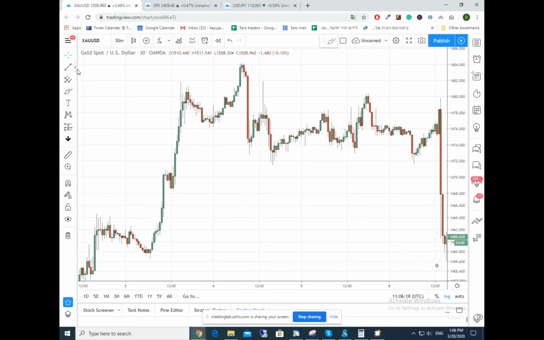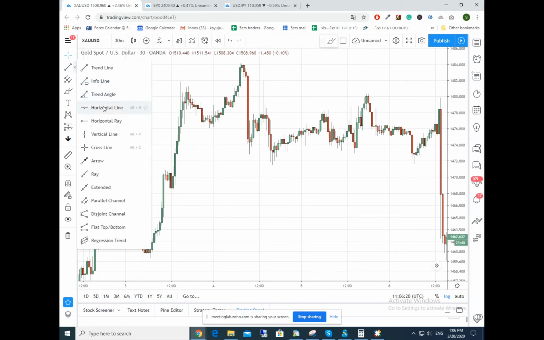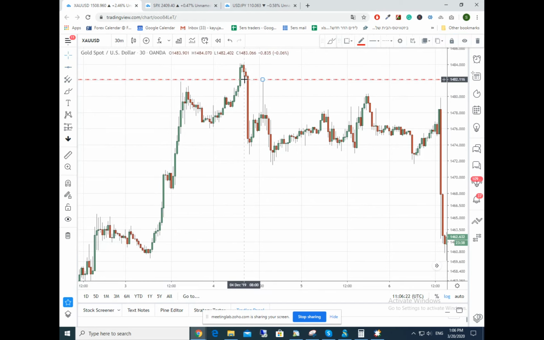So, as we saw before, that will be the right level to sell. It's about the left shoulder, and we can all see it's also a great supply level, and we all see what happened when the price hit that level for the first time.